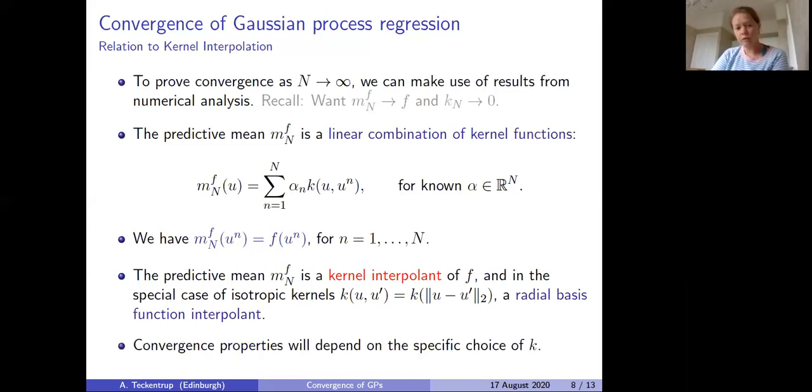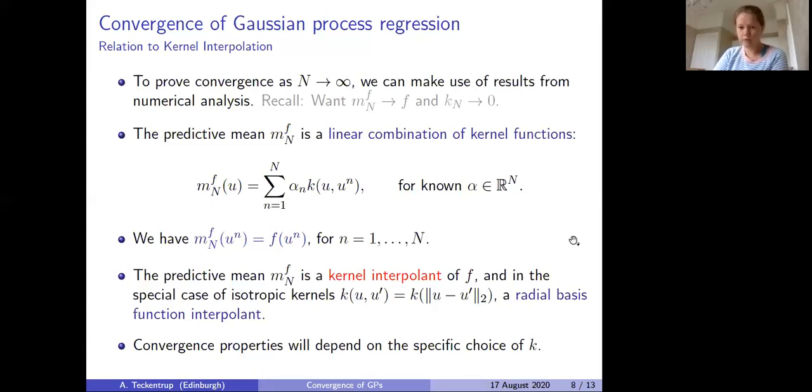The kind of convergence that you get, in particular the rates in n, will depend on the precise setup that you're working with, and in particular on the specific choice of the prior covariance kernel K. You'll see here that the prior covariance kernel K takes the role of the basis functions. The mean is a linear combination of the K's, so the K's take the role of the basis functions that you're choosing for your interpolant.